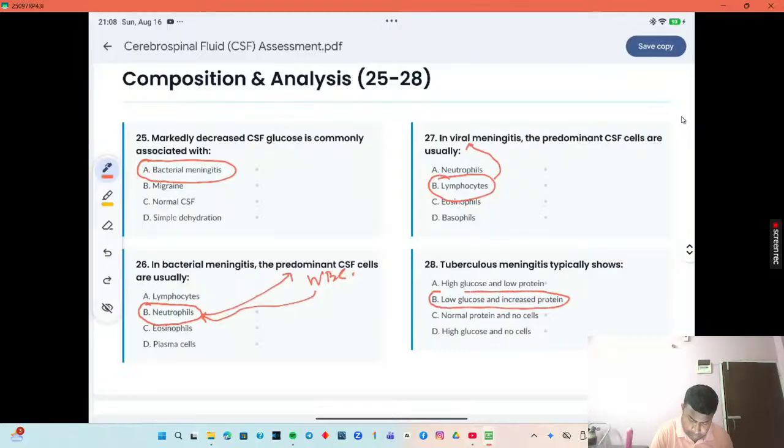If we test this CSF, then you will find that the sample will have low glucose and increased proteins. Is it clear to you?